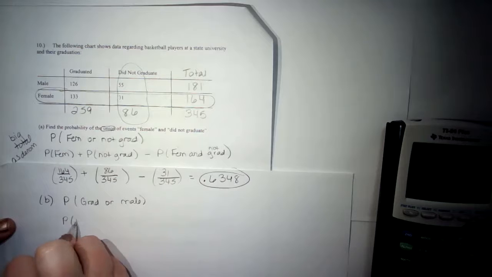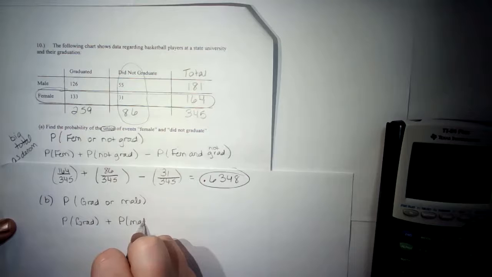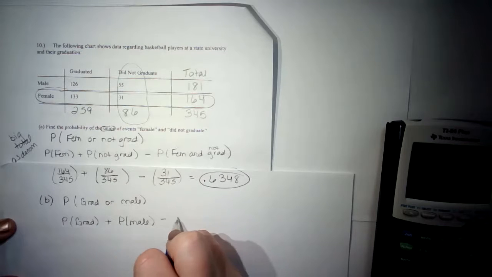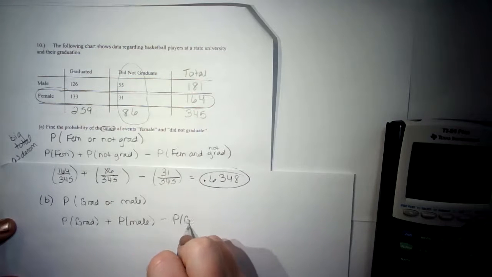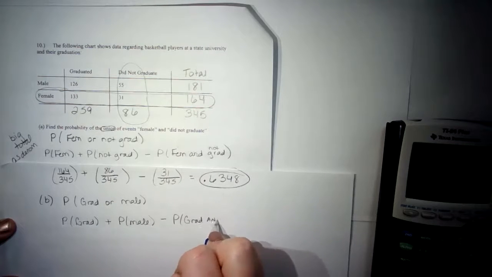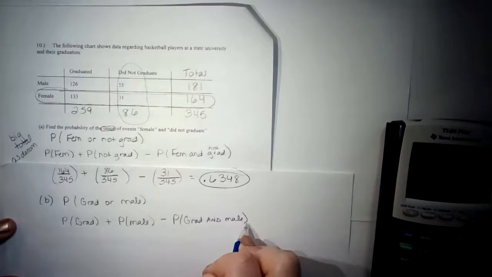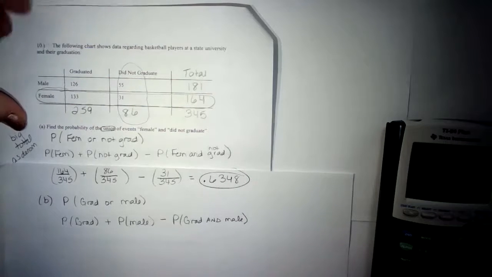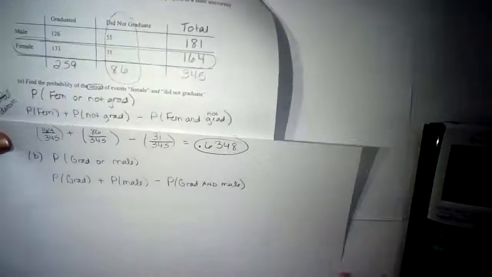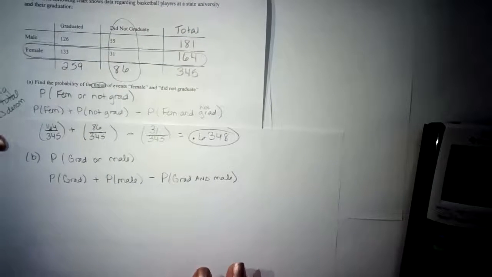That means we're going to have the probability of the person being a graduate plus the probability they're a male minus the probability they're a graduate and a male, because we will have already counted them twice and we have to subtract one of them out.